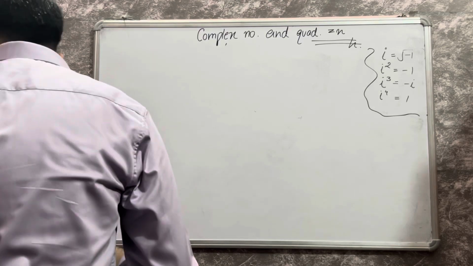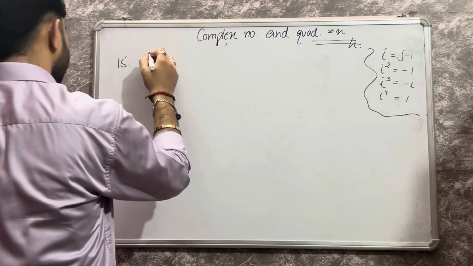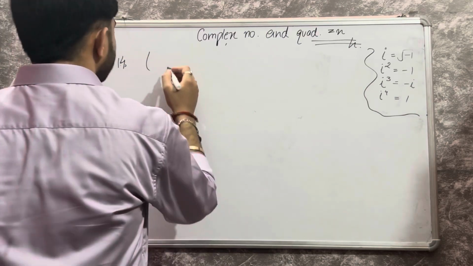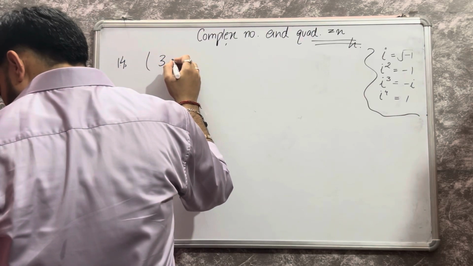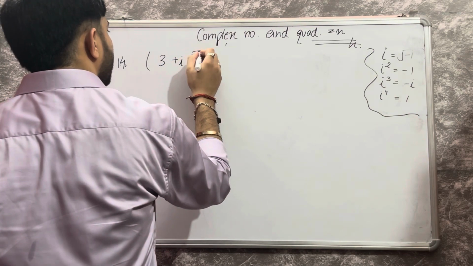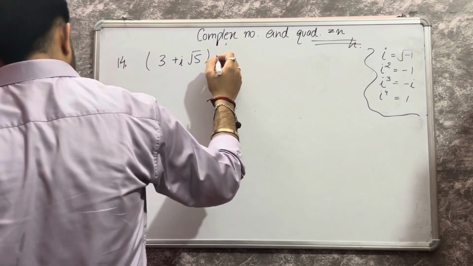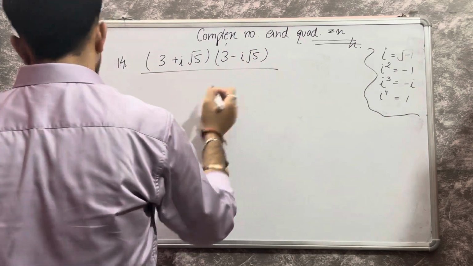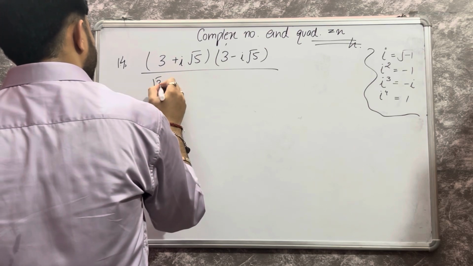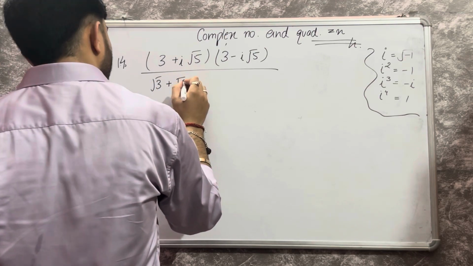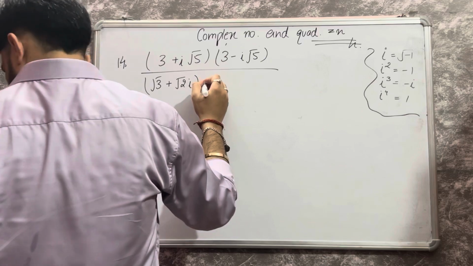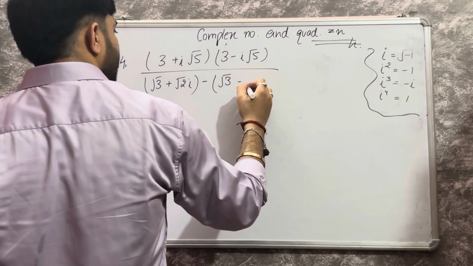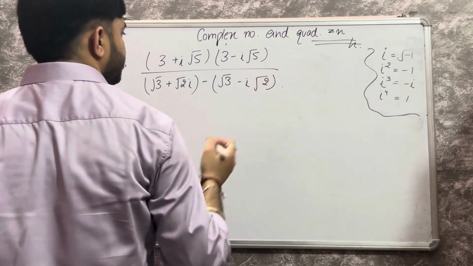The question is the 14th question: (3 plus iota under root 5) into (3 minus iota under root 5) divided by (under root 3 plus under root 2 iota) minus (under root 3 minus iota under root 2).